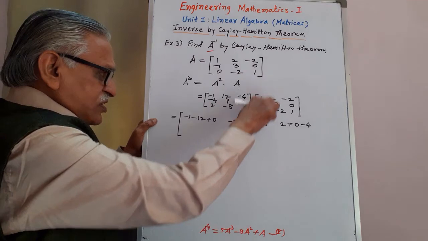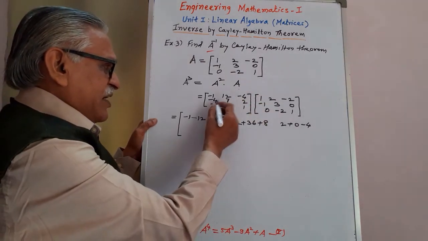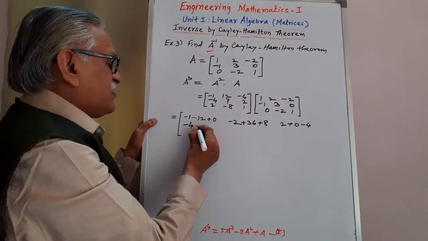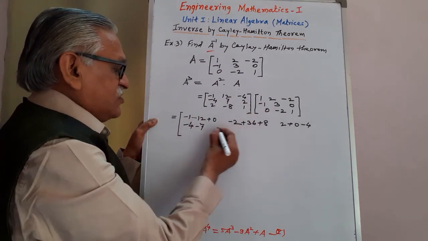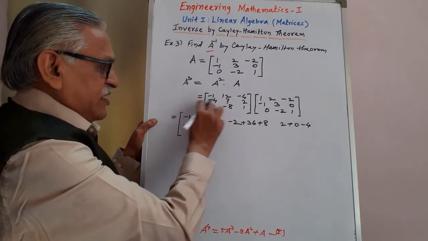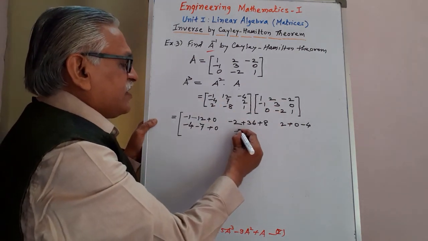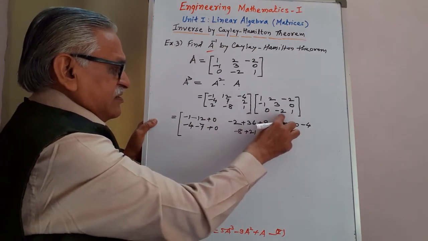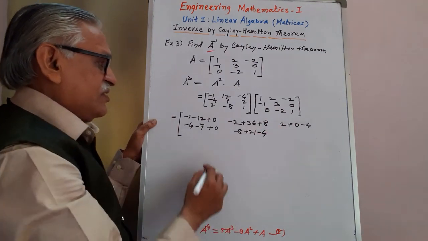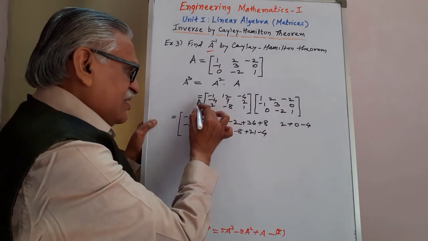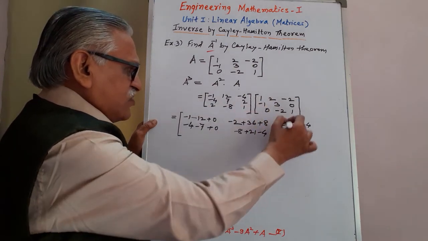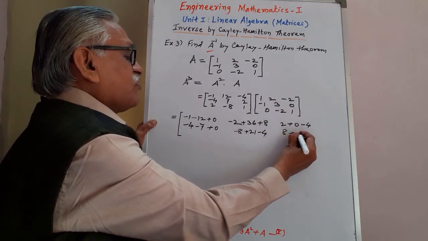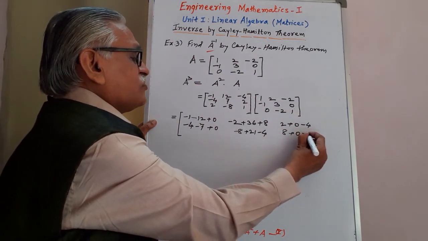Then the second row by the first column: minus 4 into 1 we get minus 4, 7 into minus 1 is minus 7, 2 into 0 we get 0. Then the second row by the second column: minus 8, 21 and minus 4. Then the same row by the third column: plus 8, 0 and 2 ones are 2.